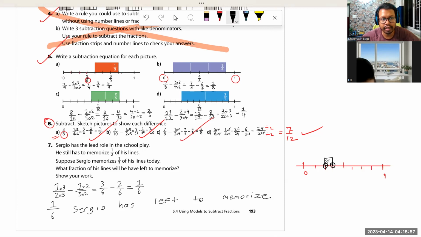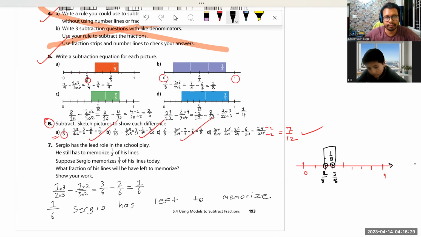And here you have to write 1 over 8. This is the thing. This is 1 over 8. See, one I did it for you.